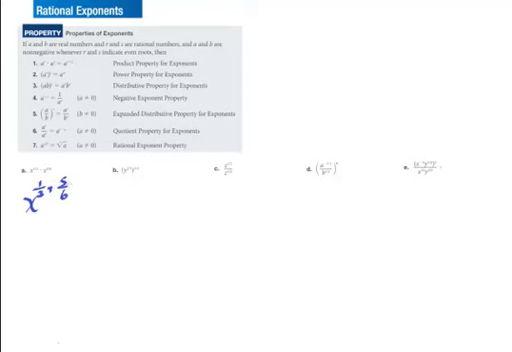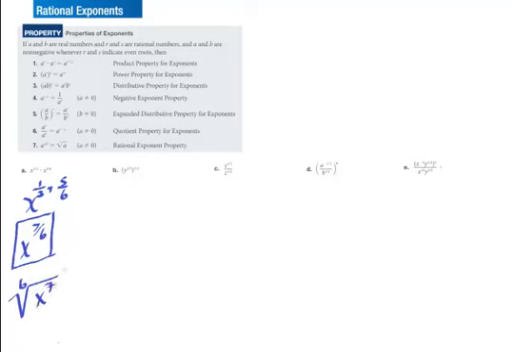I'll need to get a common denominator and add, which is a pain, but 1/3 would be 2/6. So I would end up with 7/6. And this would be my answer now. If they ask for your answer in exponent form, this is what you would give. If they ask for it in radical form, it would look like this.